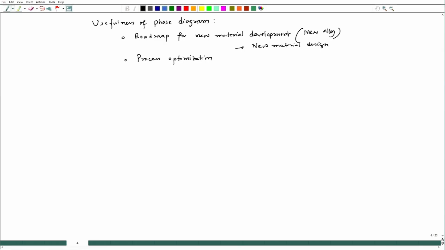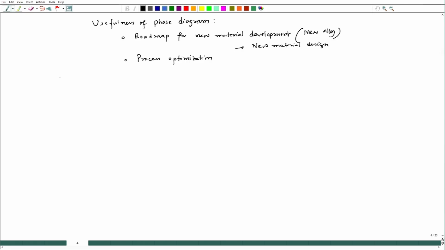That means it talks about the feasibility of a phase appearing in a system, but whether that phase would actually appear or not would be decided by the kinetic factors, the rate at which that phase forms. The phase diagram does not give you that information, the kinetics of phase transformations.